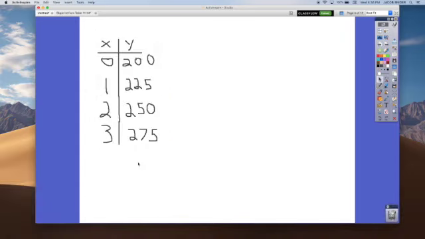Okay, this is what we did yesterday, right? This is the easy example. The first thing that I want to do is find the slope. How do we find the slope? This is what we did yesterday. What is my difference here between 20 and 25?